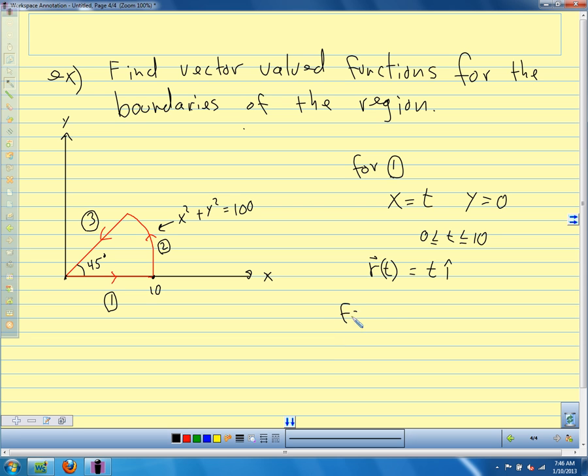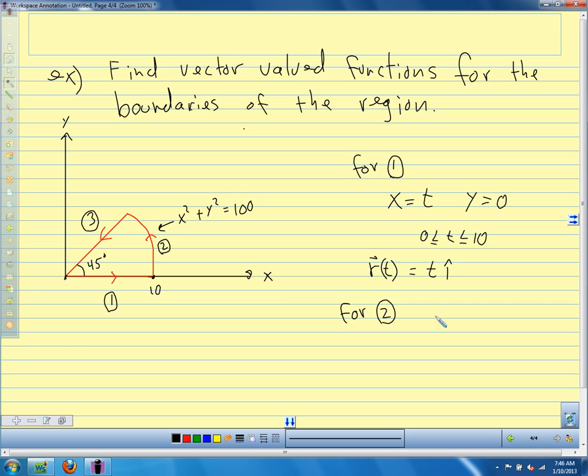For region 2, we're on a circle, so that makes me think let's use polar coordinates. So how could we describe this little piece of the boundary in polar coordinates? r equals 10.